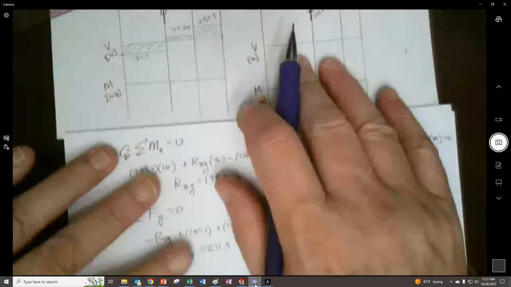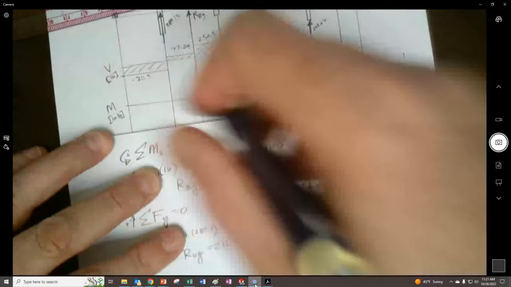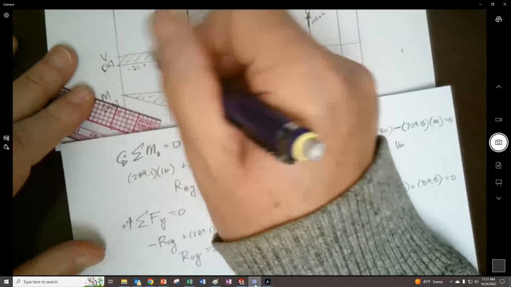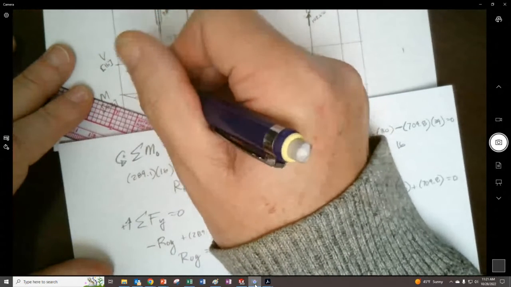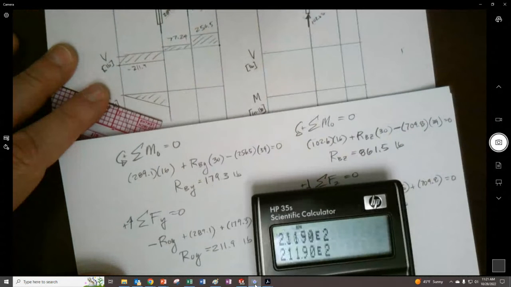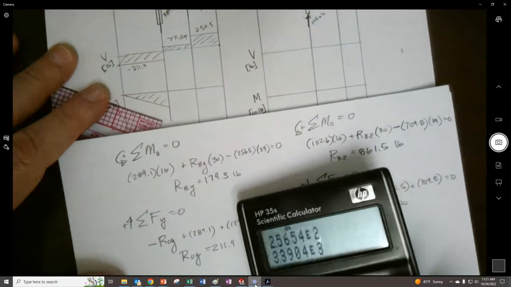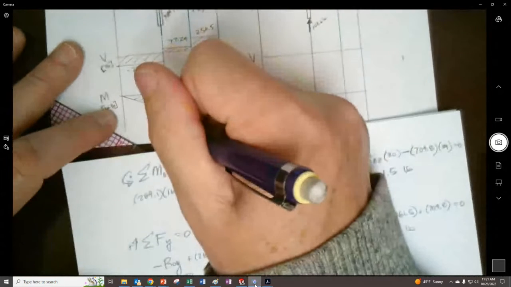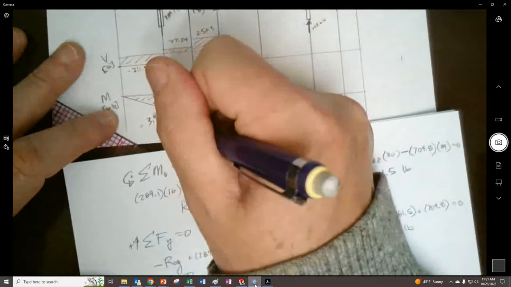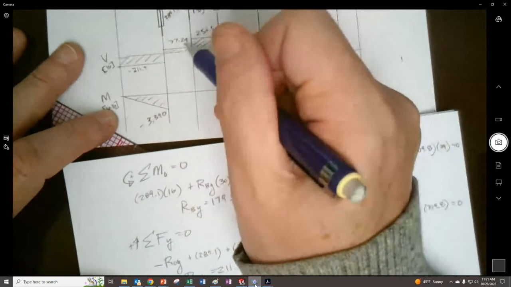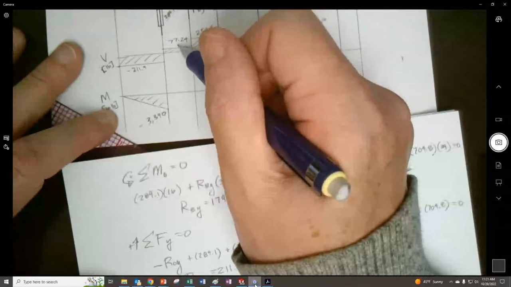And now we can find what the moments are going to be, right? So the moment here is going to be a negative moment equal to the area within here. So negative 211.9 times 16, we have 3,390. And now we can go either direction with this, but I'm going to go in this direction right here.